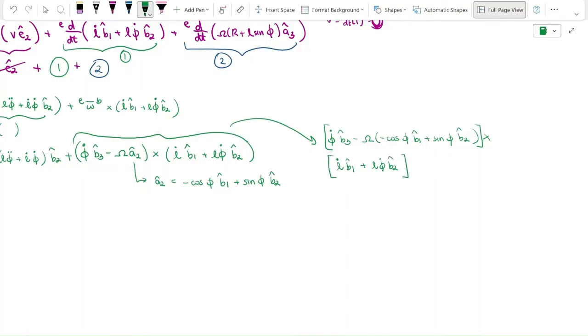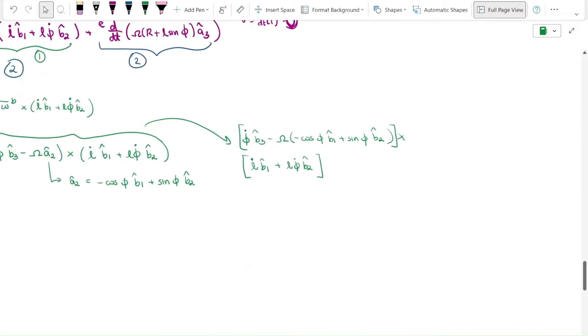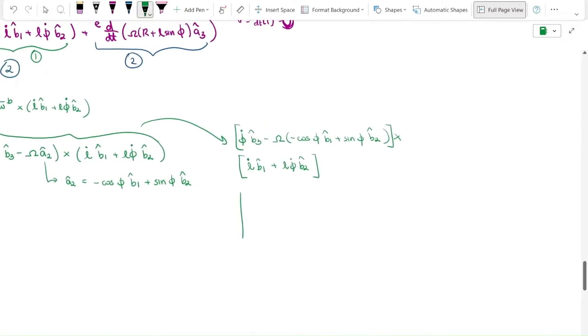Okay, so this cross product we can write in determinant form as B1 hat, B2 hat, B3 hat. I put the first term in the first row, so phi dot, and then omega cosine phi, and then negative omega sine phi, and then L dot, and then the second term goes in the second row.